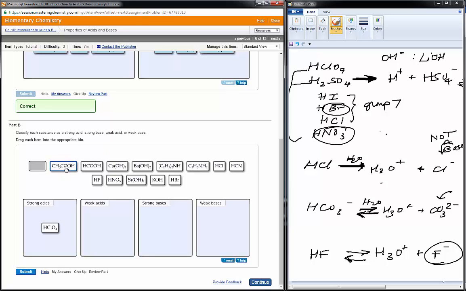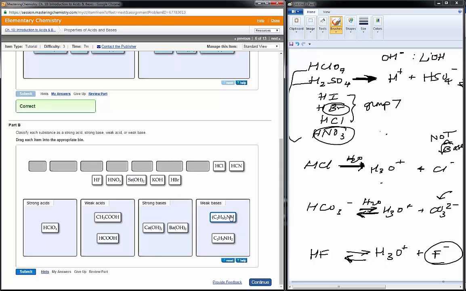That is acetic acid, which is a weak acid. You could recognize that conjugate base as the acetate anion. This would be the formate, that's COOH, as it's a kind of organic acid. Here we've got a hydroxide. Hydroxides are usually strong bases. Amines tend to be weak bases. So that's where those NHs come in as Brønsted-Lowry bases, but they're going to be weak. None of those are going to be strong.